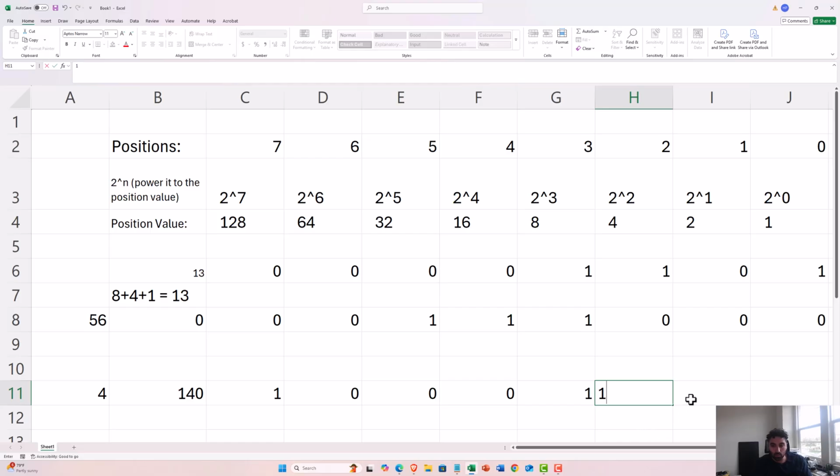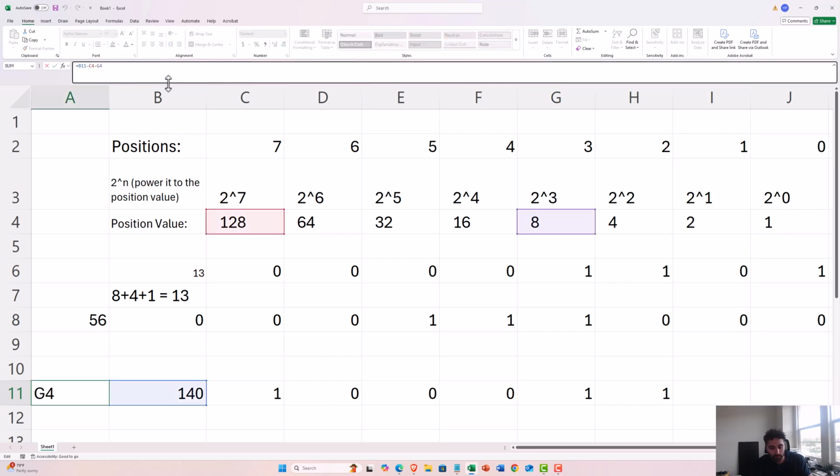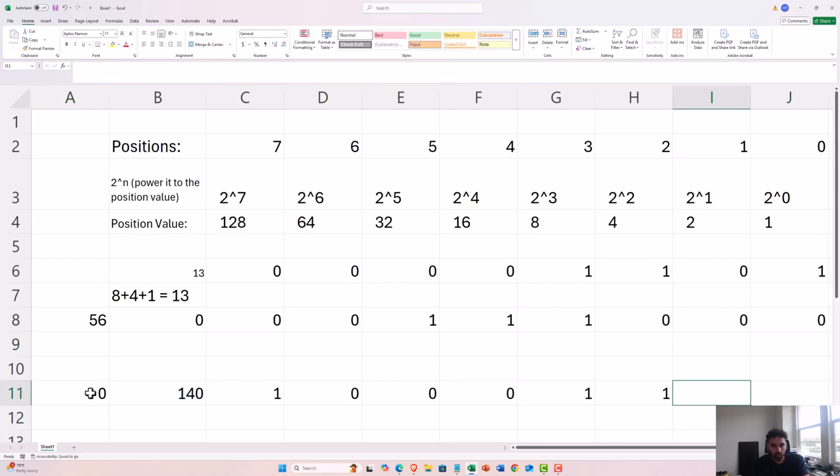So there is a 1 in position 2 because 4 fits into this subtraction perfectly. And then if we subtract 4 from it now, we have 0 left. So the rest of the positions can be 0.